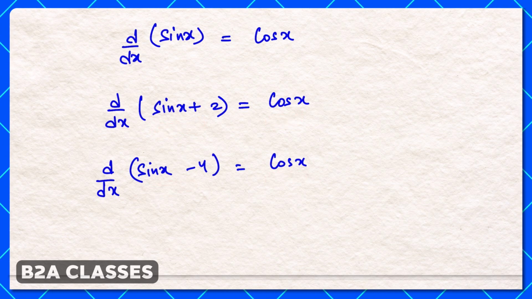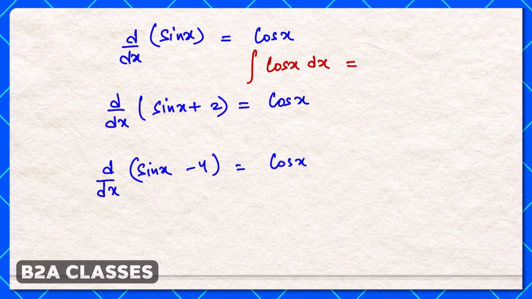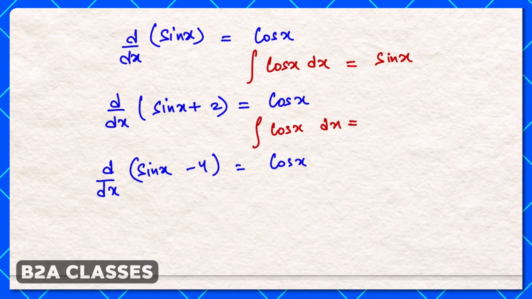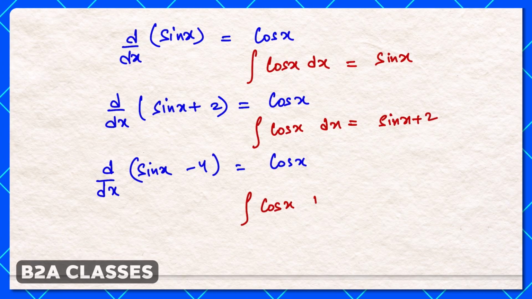So what will be the integral of cos x? The integral of cos x with respect to x is sin x from the first equation, and from the second equation I will get the integration of cos x is sin x plus 2. And from the third equation, I will get the integration of cos x with respect to x is sin x minus 4.